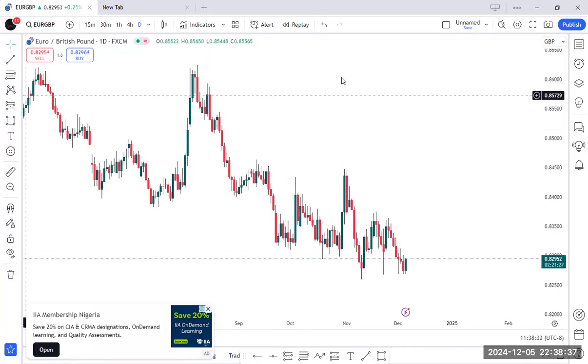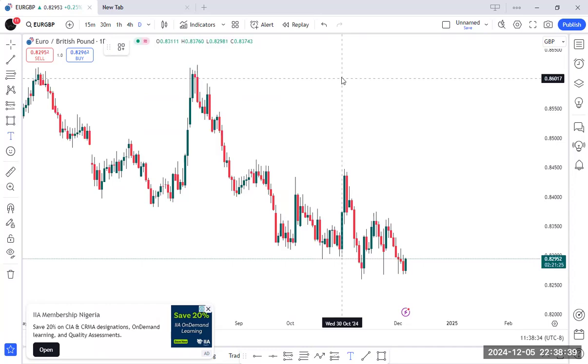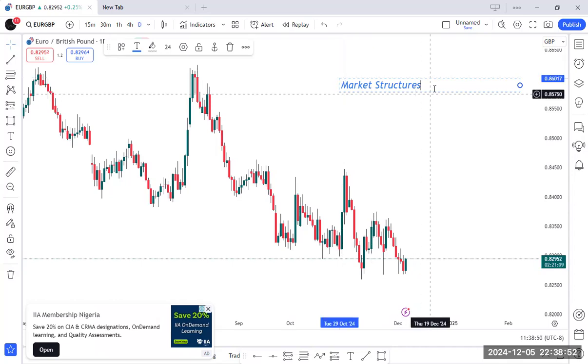We have the market structures. Number one, we have the uptrend.